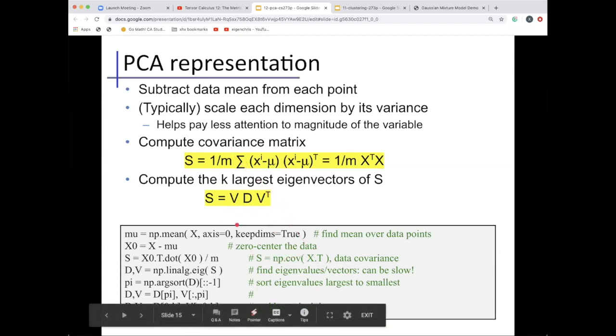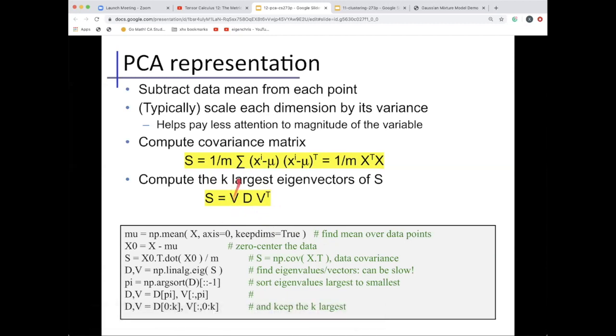If you do that, the first column of the V matrix will be the largest eigenvector, and the second column of V will correspond to the second largest eigenvector, and so on. Lambda 1 will be the largest eigenvalue, the first entry in the diagonal matrix D, and so on. The principal directions will simply be the column vectors of the V matrix.